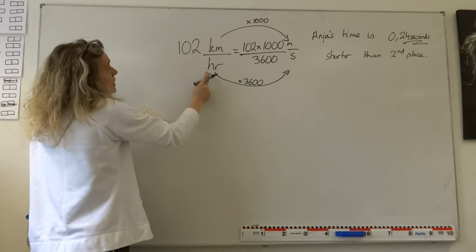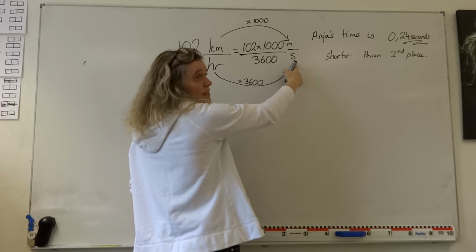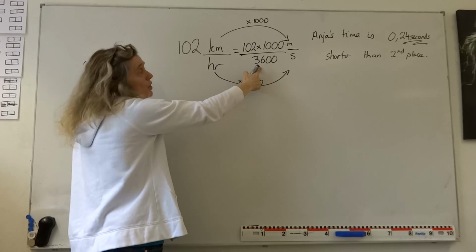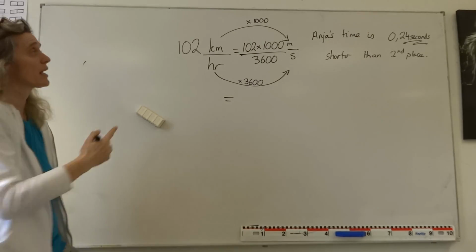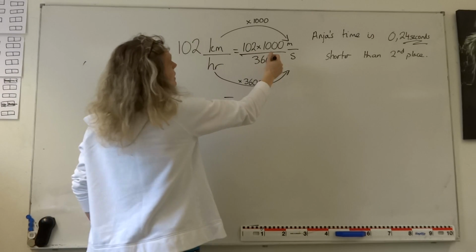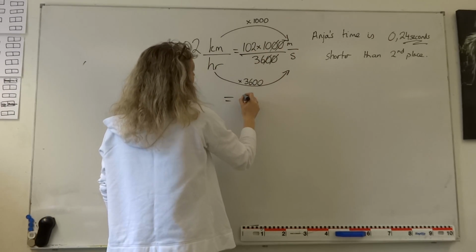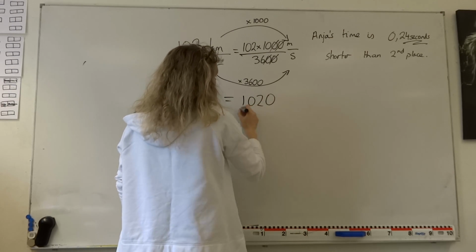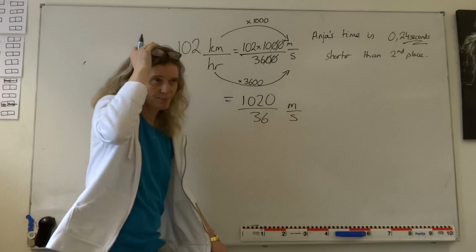Keep it as it's written. 1 hour is equivalent to 3,600 seconds, but the hour is on the bottom. So you get the answer directly of how many meters per second is her speed by doing this multiplication. We can see that we're going to get quite a few zeros cancelling here. So we get 1,020 divided by 36 meters per second.